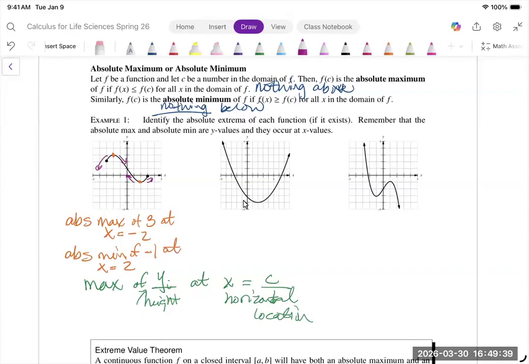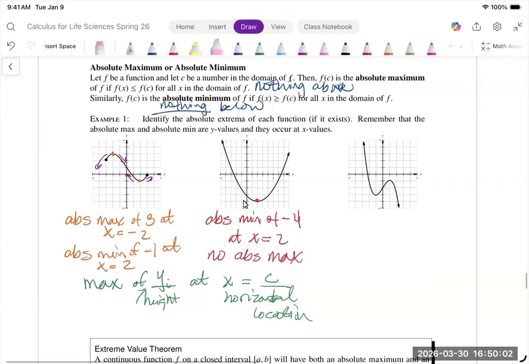Then rolling right along, we have an absolute min of -4 at x equaling 2, but no absolute max. How do we know?